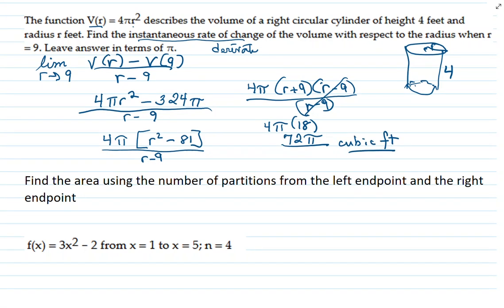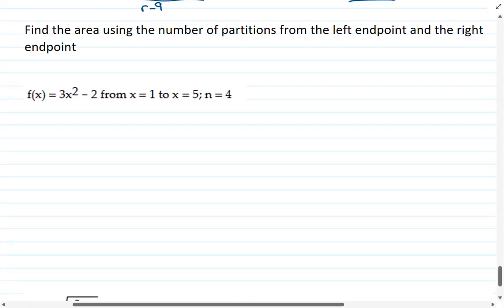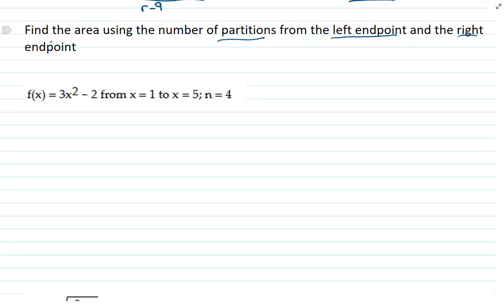Is a change. Now on this one, we're talking partitions, and we're talking left end and right end point, and we're talking 4 partitions. All right. So in the partition, we have to first go to y equals and enter the function.